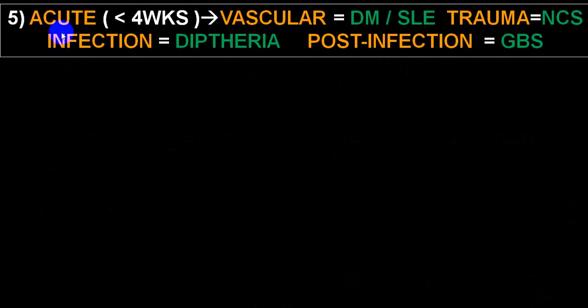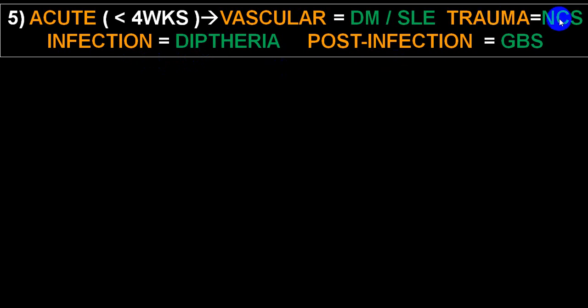So onset wise, if it is less than 4 weeks, we call it acute onset, always in favor of a vascular etiology, particularly vasculitis. And whenever you suspect vasculitis, the two most common are diabetes and SLE. Another which is very acute, like nerve compression or after giving injections or diphtheria, these are again put into the acute group.